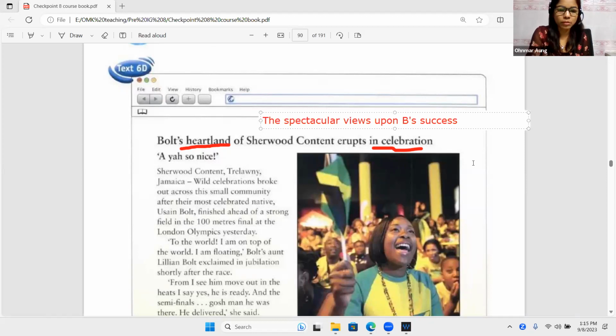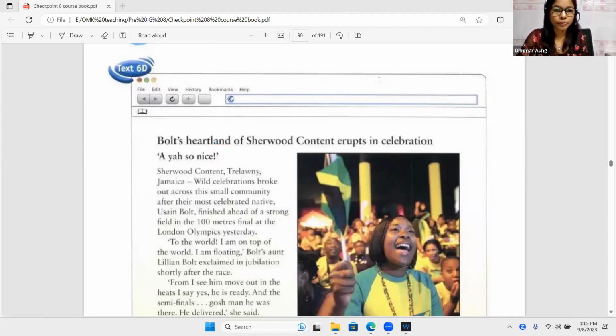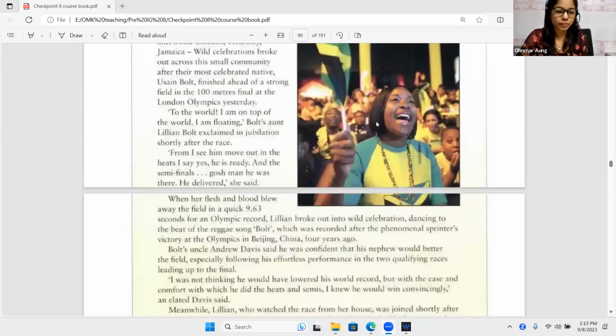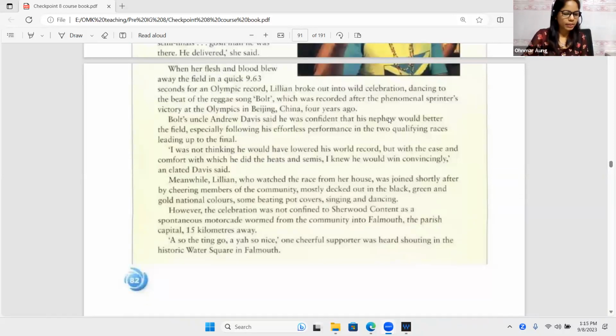One more. This is one title. Possible. One passage. One summary. Any other? Only one.